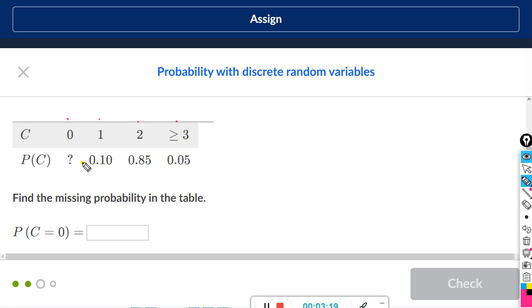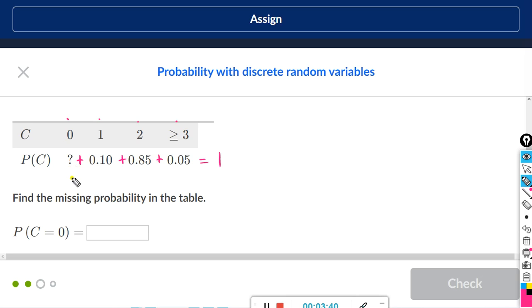These have to add to 1. So adding these all together, they have to equal 1. So we have 0.1 plus 0.85, that's 0.95, plus 0.05 equals 1.